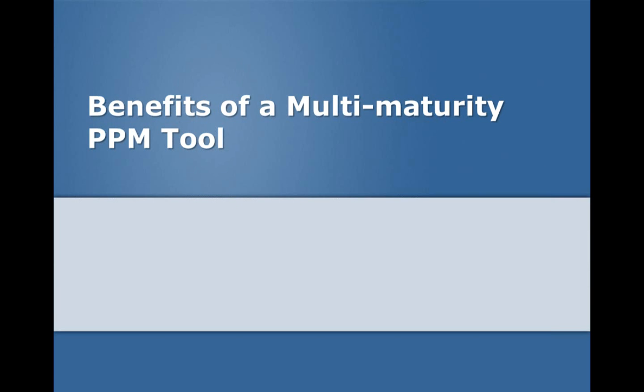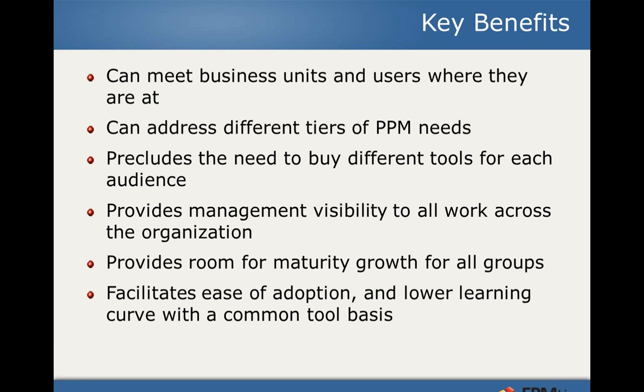So to just wrap up a little bit, the benefits of going with a multi-maturity PPM tool, one that can address the needs of a broad audience or a broad set of constituencies, is that it can meet the business units and users where they're at today. You don't have to dumb it down for the lowest common denominator.